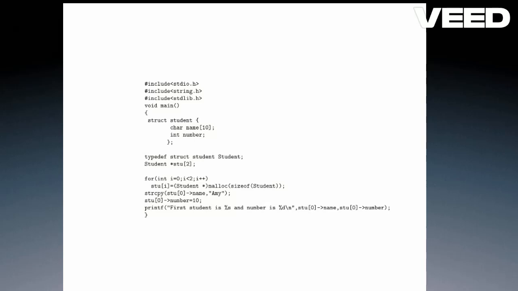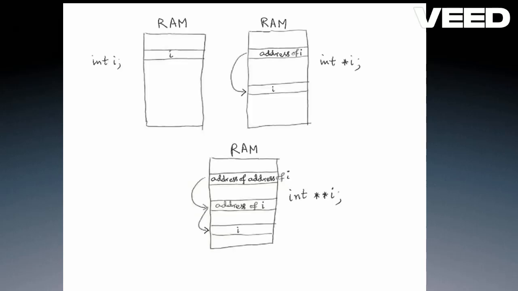So I'll stop here, but I will again appeal to this picture and request you to understand this picture well. When we are declaring a variable, we are directly allocating space.